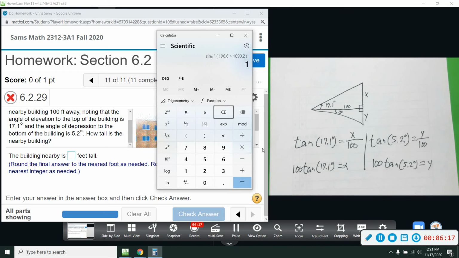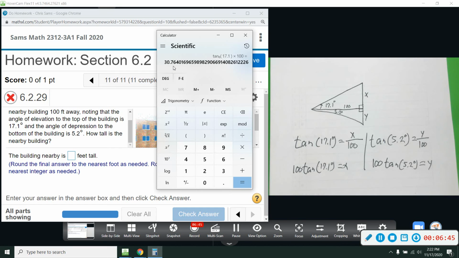All right, so we're going to do 17.1. Let's clear everything out. 17.1. We're going to do the tangent of that times 100. Okay.